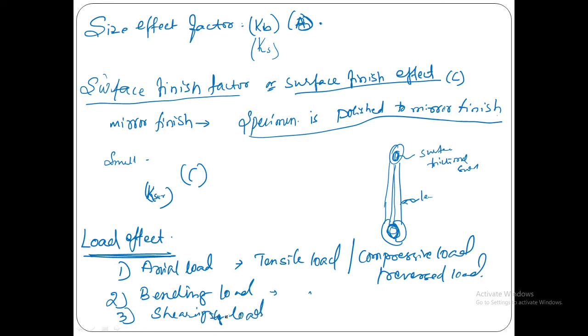In these cases the effect of load is different. The fluctuation of bending stress and the fluctuation of shearing stress are entirely different. The effect of load is noted with the letter A here. You need to select the value of A depending on whether it is subjected to axial load, bending load, or shearing load.